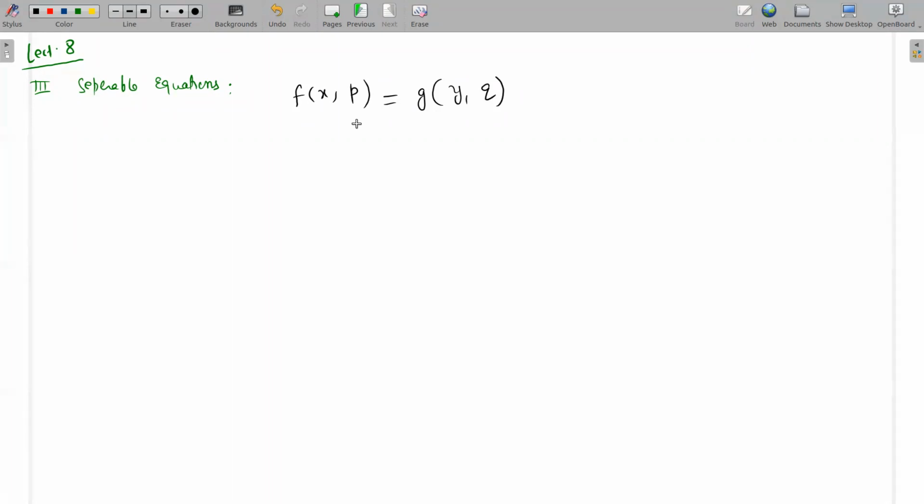So this is the PDE in which u is absent directly, and the term containing x and p can be separated from the term containing y and q. For these types of equations, you have Charpit equations.